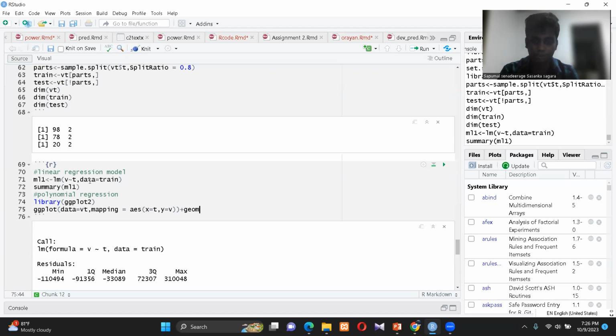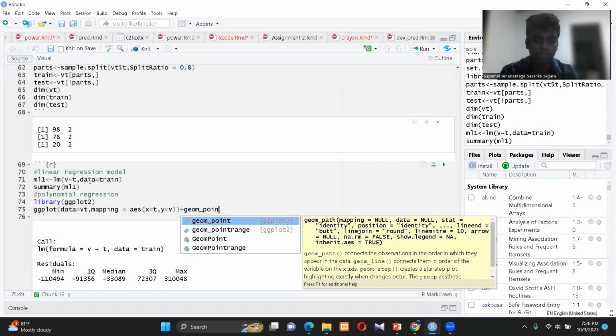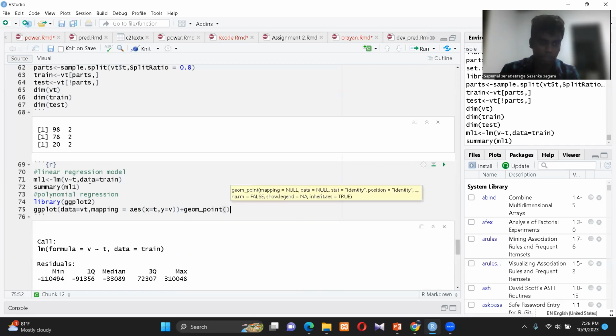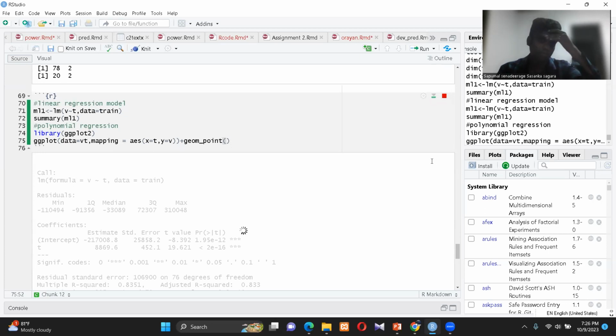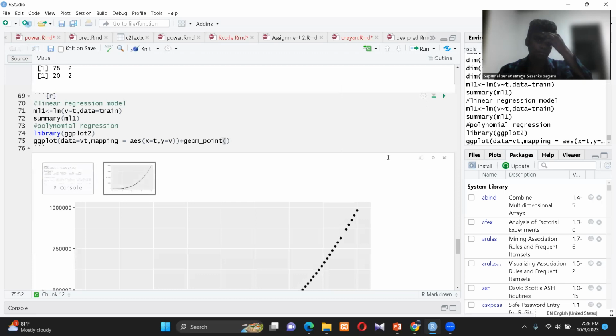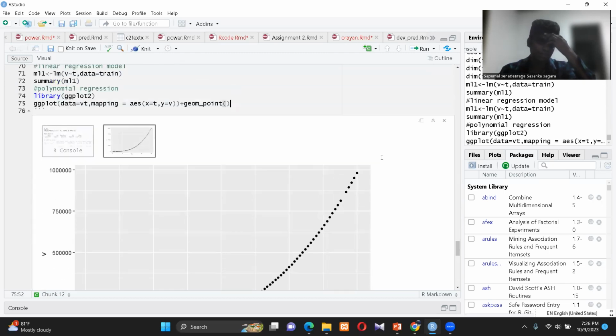I need geom point. Then let's see, right? Okay. Geom point.